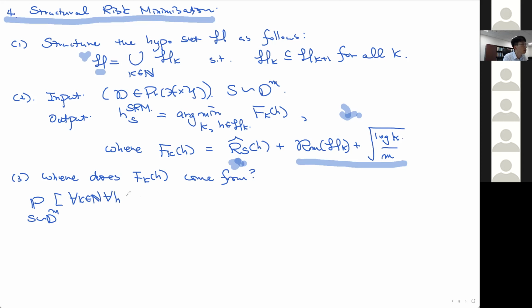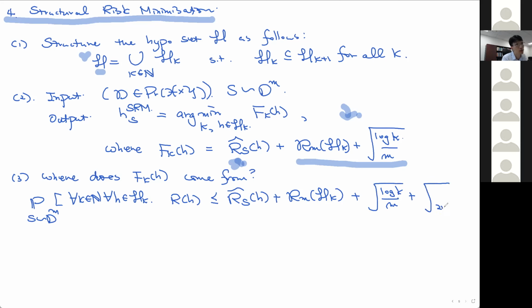And then for all hypotheses h in H_K, its risk of h is bounded by the empirical risk of h plus Rademacher complexity of H_K, plus log K plus some extra term.